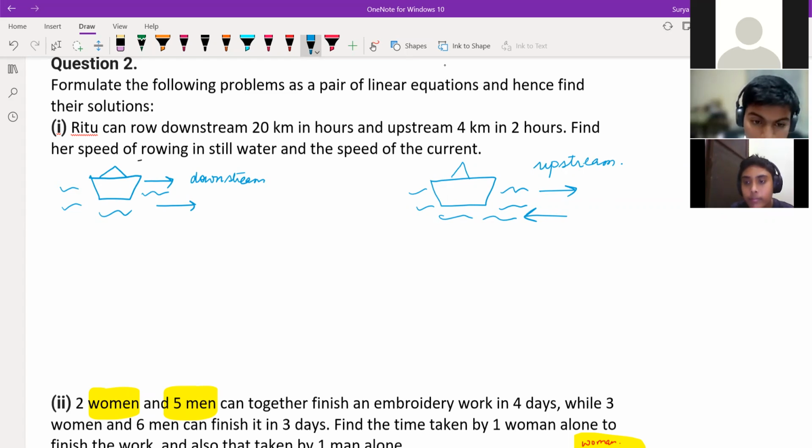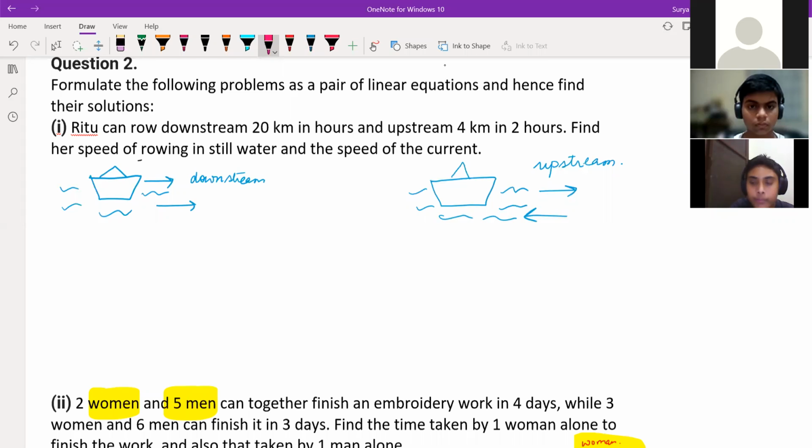So in upstream and downstream, which will have more speed? Downstream. Why does downstream have more speed? I'm asking about the speed of the boat. In which case will the speed of the boat be more?